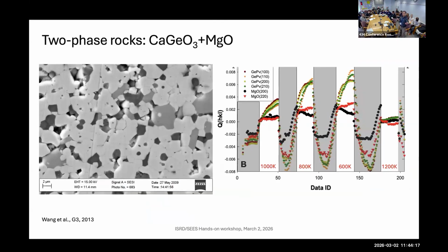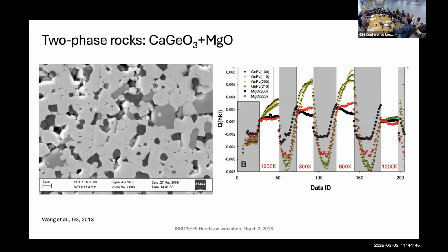You can do multiphase experiments. This is an example of analog bridgmanite with MgO, so this is like an analog of the lower mantle. When you conduct deformation experiments, you get the Q factors as a function of different temperatures at certain pressures. You can see the enstatite bridgmanite diffractions are much stronger than the MgO.